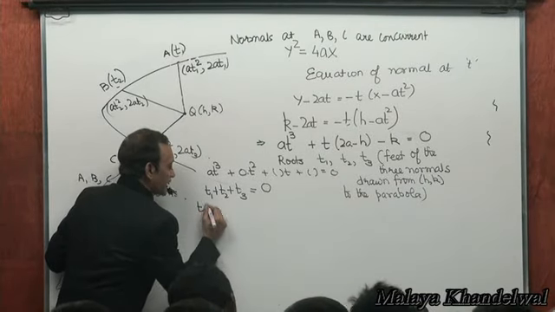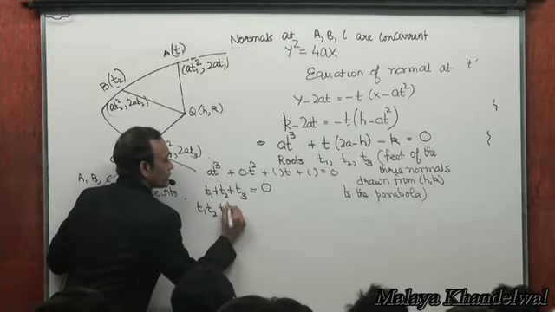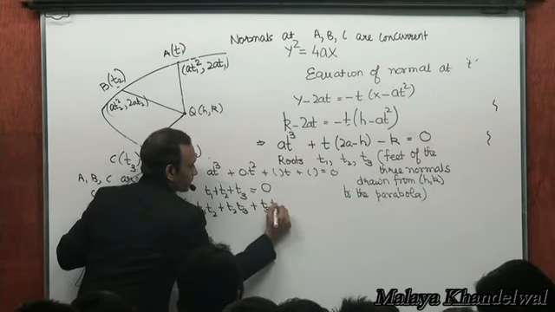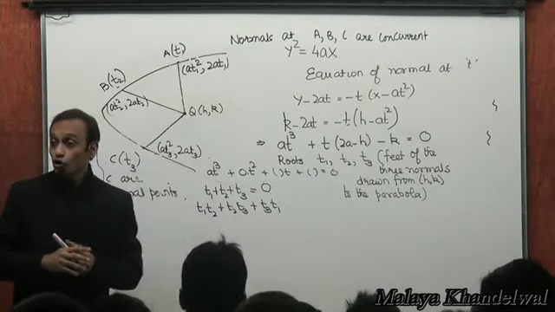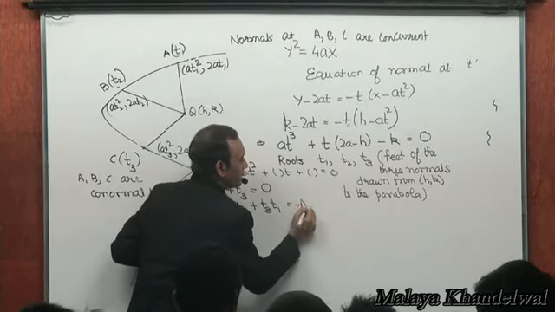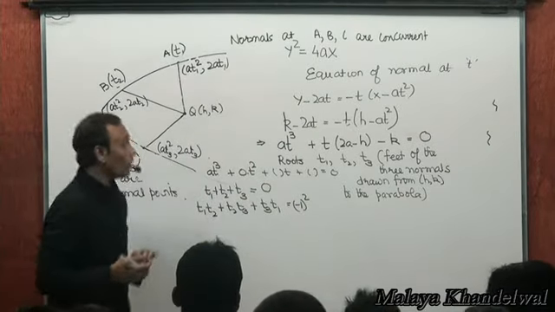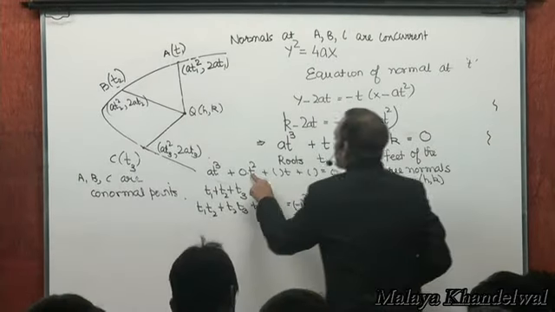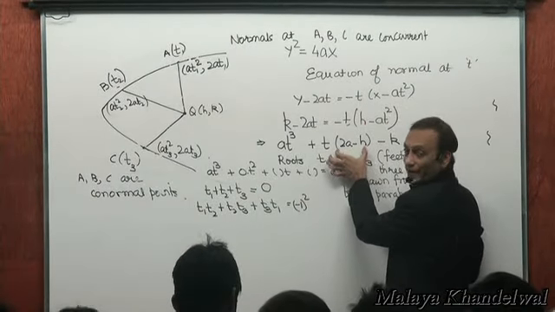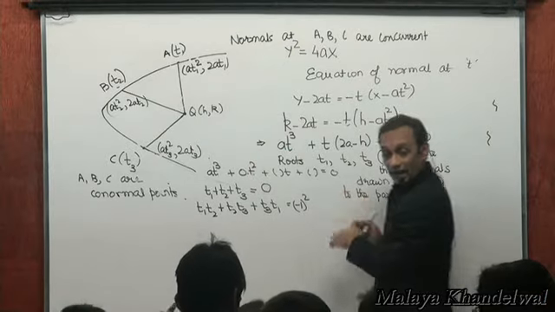The sum of the products taken 2 at a time, t1 t2 plus t2 t3 plus t3 t1, would be minus 1 squared, first of all, into, after t squared, the next is t. What's the coefficient of t? 2a minus h divided by a.